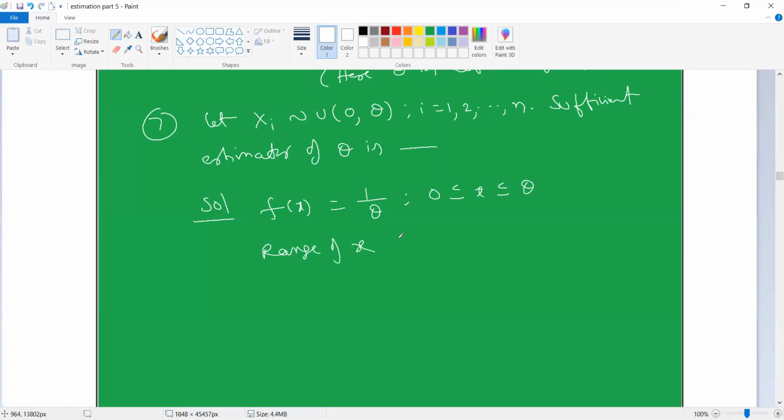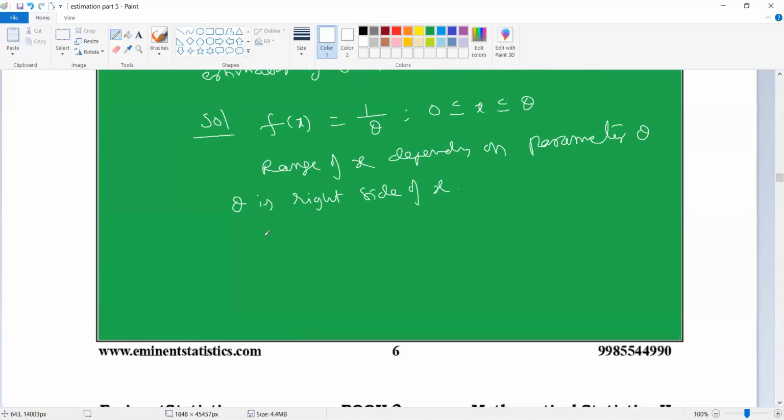The range of x depends on the parameter theta. Theta is on the right side of x. Now consider the order statistics. In this case, use the order statistics technique: 0 less than or equal to x1 order less than or equal to x2 order less than or equal to ... less than or equal to xn order less than or equal to theta.